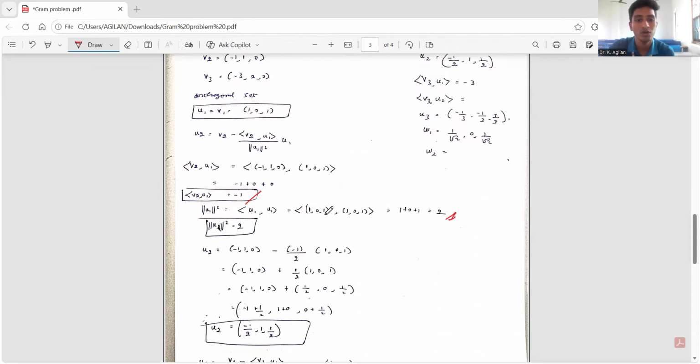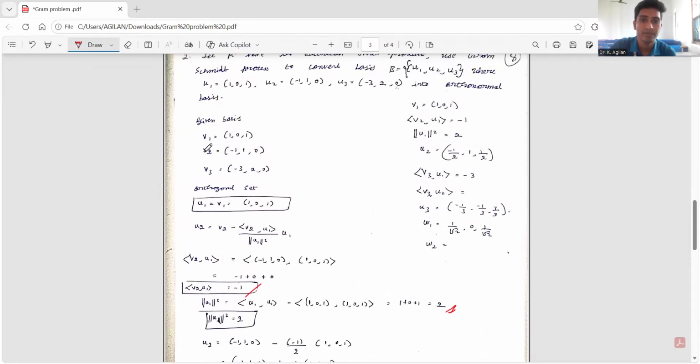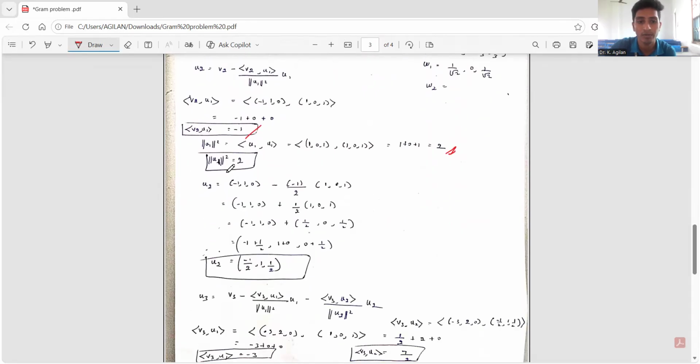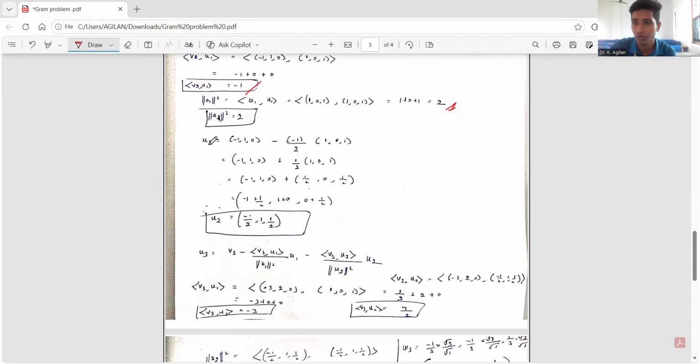So we have the value of the inner product of V2, comma U1 and the norm of U1 square. Now we can simply apply them from the question: V2 is minus 1, comma 1, comma 0 and U1 is V1, 1, comma 0, comma 1. Substitute all these values into the formula and we can find U2, right?